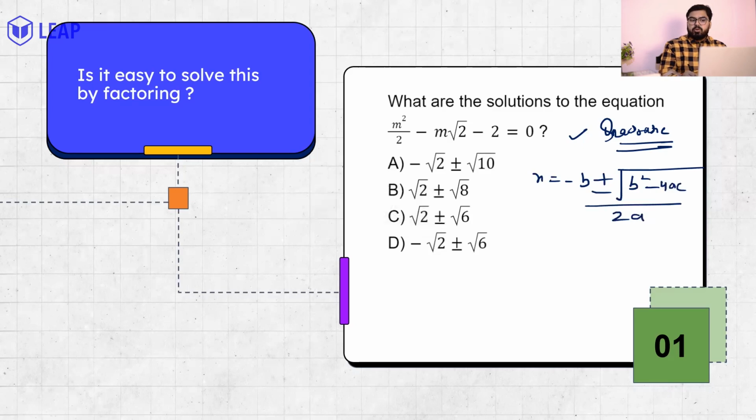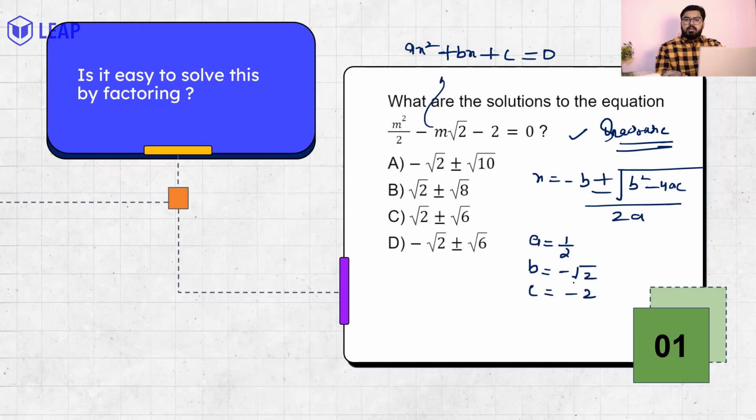So first of all, we have to compare this equation with ax square plus bx plus c equal to 0 form, so that we can identify what is a is 1 by 2, what is b is minus root 2, and what is c is minus 2. After comparing with the standard form, ax square plus bx plus c equal to 0, now we can substitute this value in the quadratic formula.